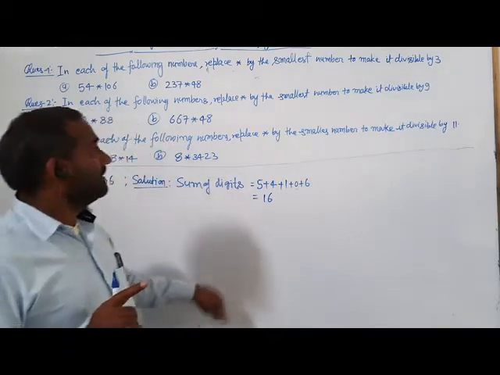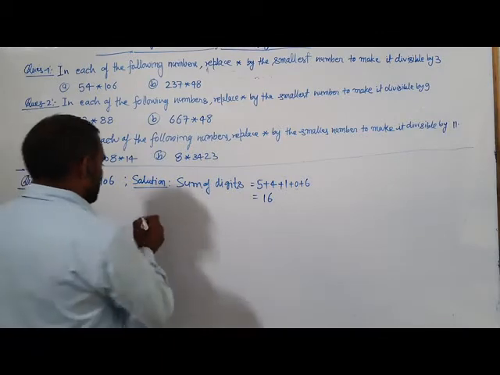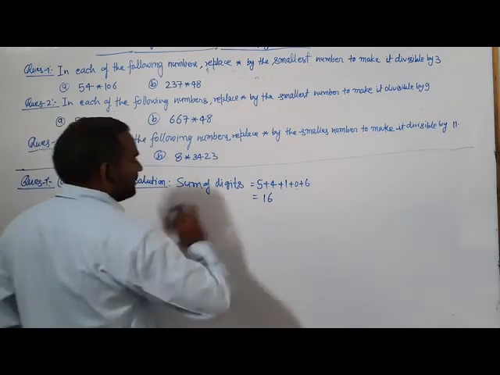So it should be 18, and we have to add 2 more so that the number will be divisible by 3.